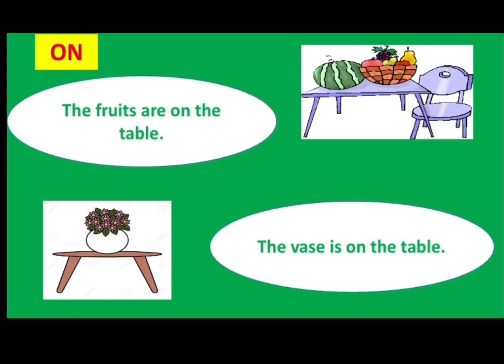So, these are the examples of the preposition on, and we have learnt where to use this preposition and to show which position. Now let us learn some more prepositions like under, over, between, among.